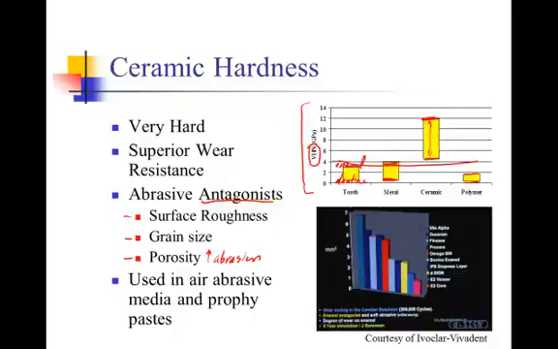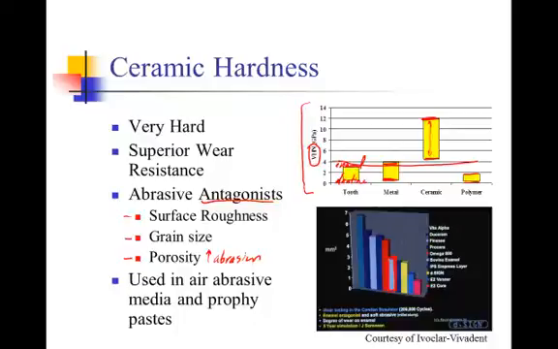This is a graph of different ceramic materials that have rubbed up against bovine enamel, cow tooth enamel, and the bar in the middle here is the wearing behavior over time that a natural cattle tooth has against another natural cattle tooth.